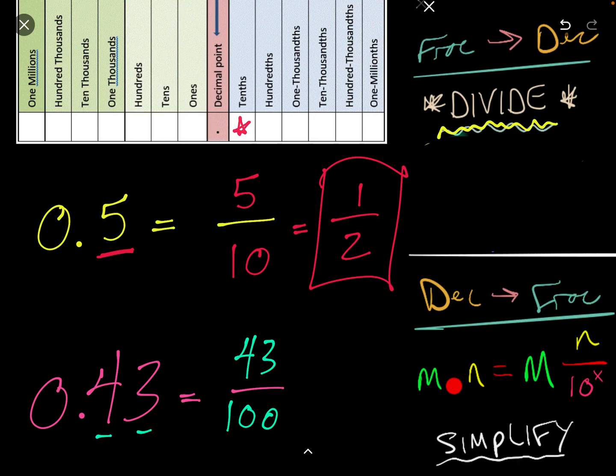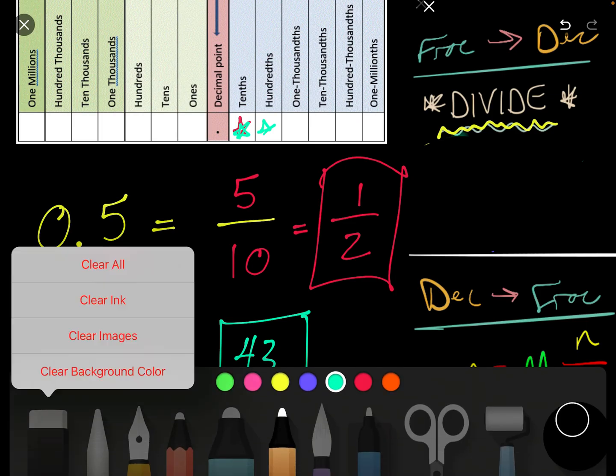Now I see if I can reduce. There are no other common factors besides 1, so our answer is just 43 hundredths. Yay us, there's less work for us there. It's already in simplest terms, so there was no need to simplify.